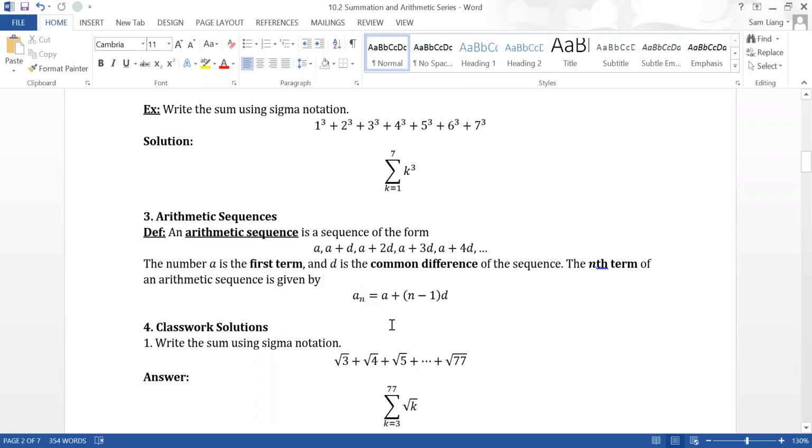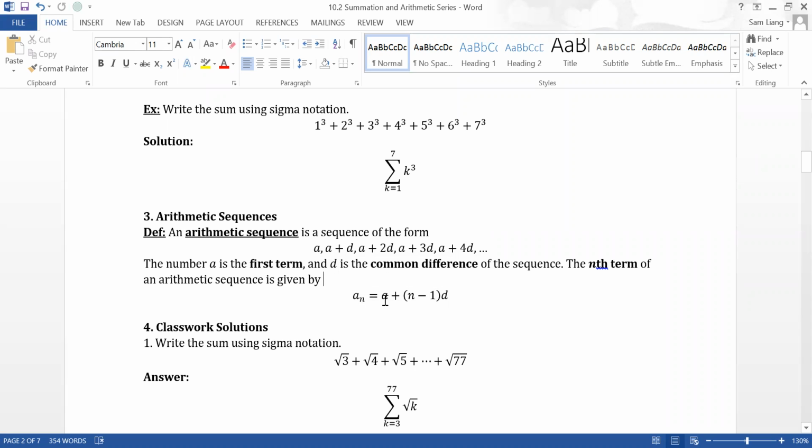You're going to see it in homework, especially. The reason it's n minus 1 is because, at least conventionally in our textbook, we start with a sub 1 rather than a sub 0. So for example, for a sub 2, the second term, we want to just add one of the common differences.